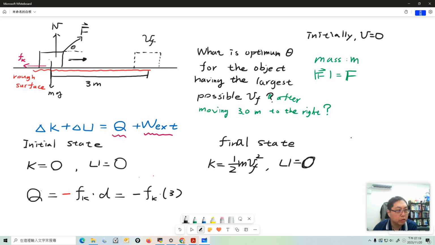And the work done by the external force. In this problem you have an external force here, and what's the work done by this external force?